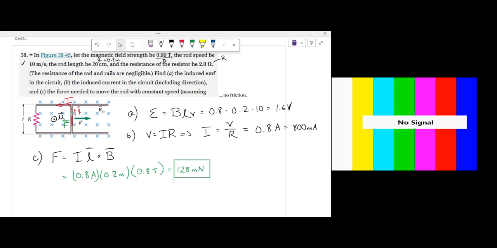Yes, Bill. How did I know the moment was pointing out of the screen? Good question.